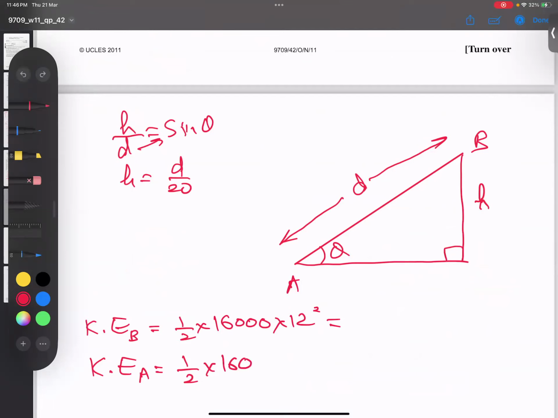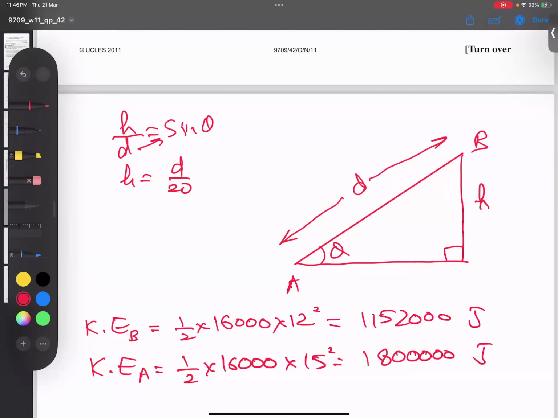You'll see, it becomes easy if I do it step by step. So at A it is 15. I'm going to calculate both. So 8,000 times 12 square is 1152,000. 8,000 times 15 square gives 1, 8, and 5 zeros. Up till here, joules and joules.